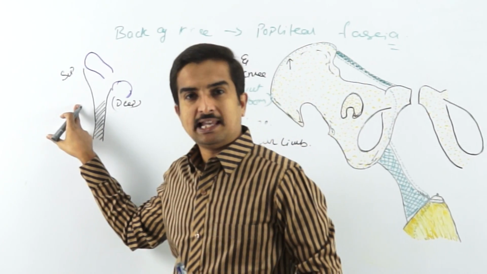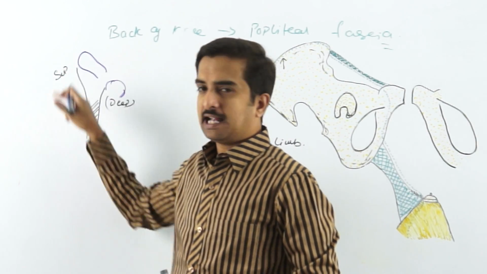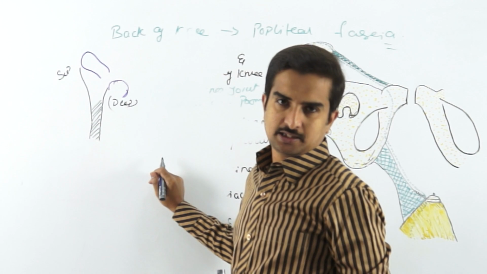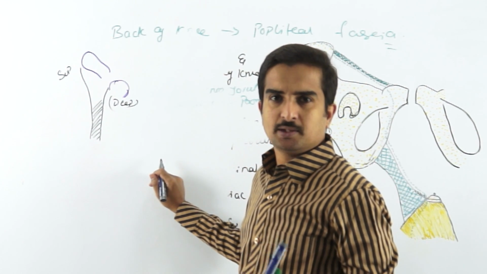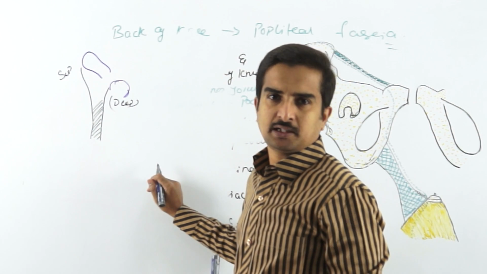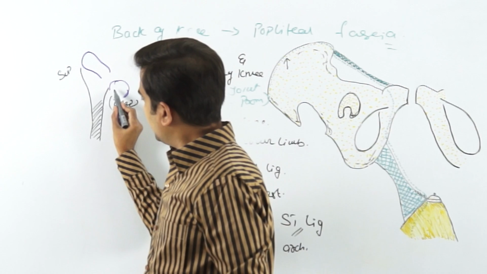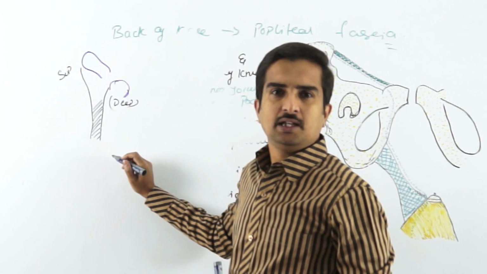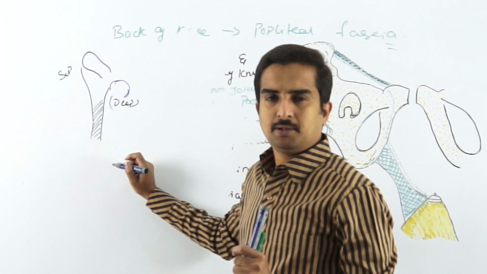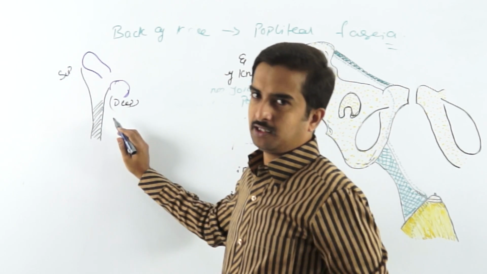The superficial lamina of the iliotibial tract gives attachment to the tubercle of the iliac crest, which is present on the outer or external aspect of the iliac crest. And the deep lamina, simply remember, attaches to the capsule of the hip joint, right?